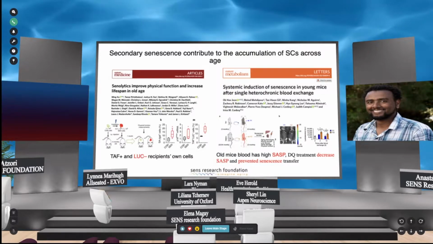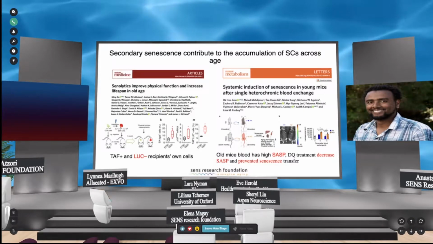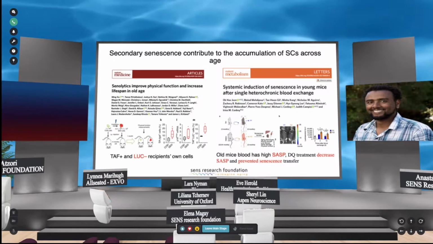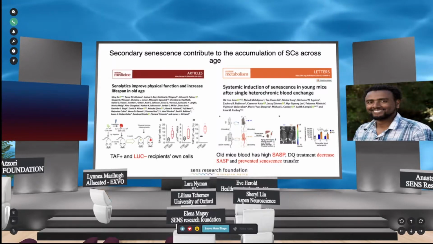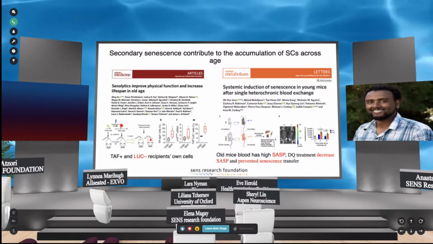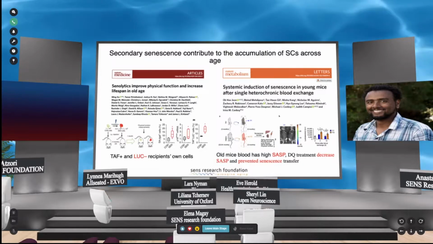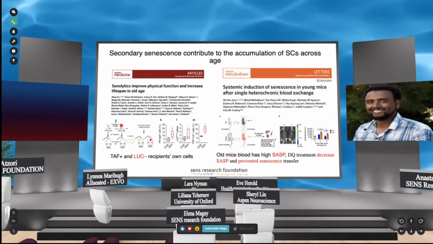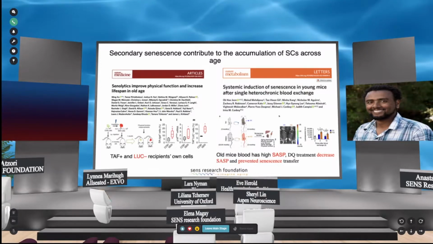Another interesting recent observation is where they did a single heterochronic blood exchange between young and old mice. They found that when they exchanged blood from old mice to young mice, they observed a senescence transfer from the old mice to the young mice.